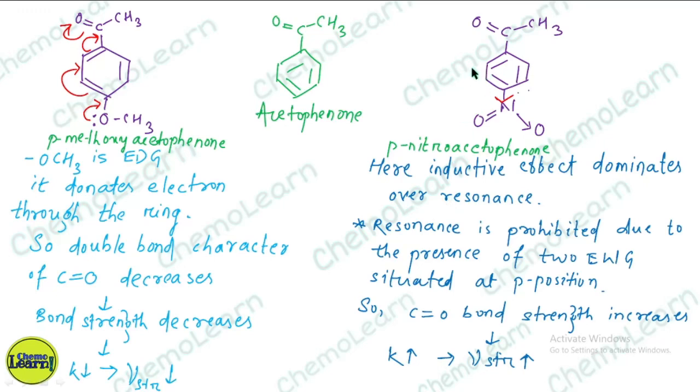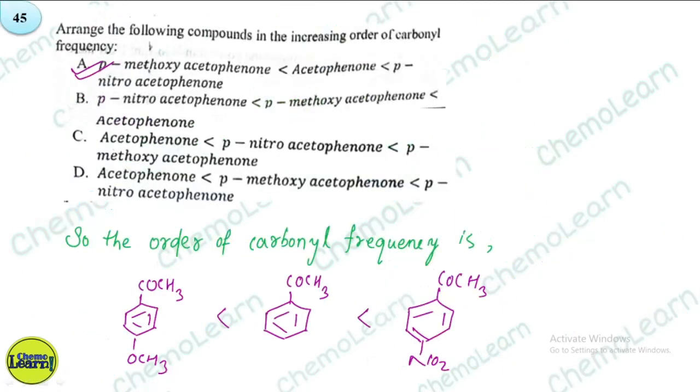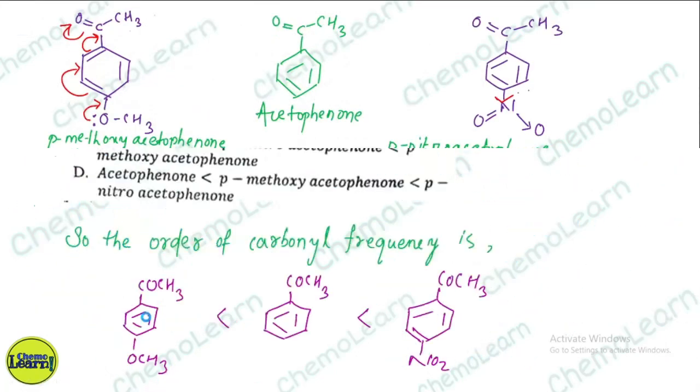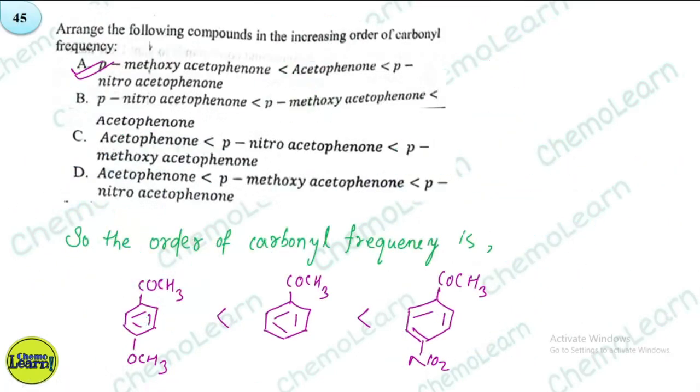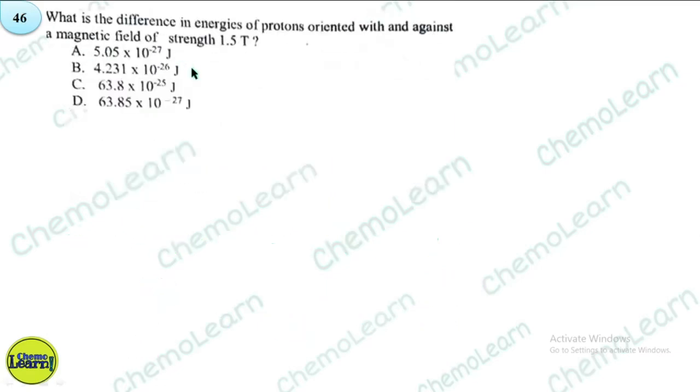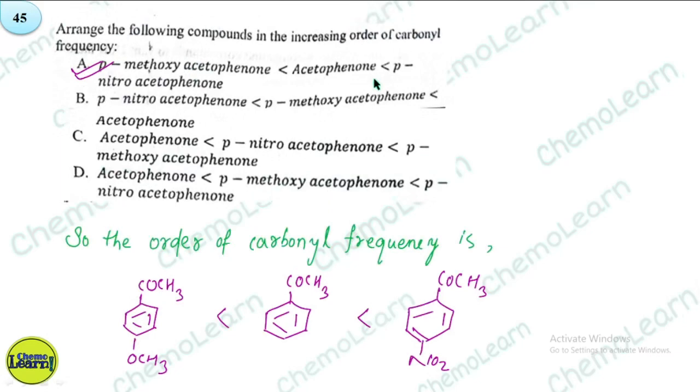Here the C=O bond strength increases because of the NO2 electron withdrawing group, and the value of force constant increases, carbonyl frequency also increases. So, the order will be like the stretching frequency will be least in case of para-methoxyacetophenone, and then acetophenone, then para-nitroacetophenone. Option A is the correct one.